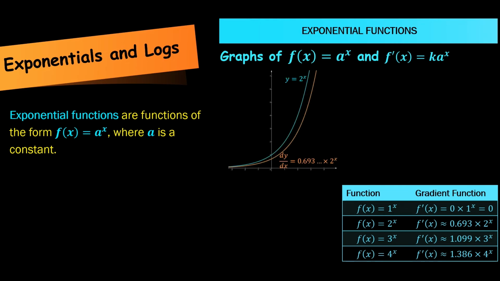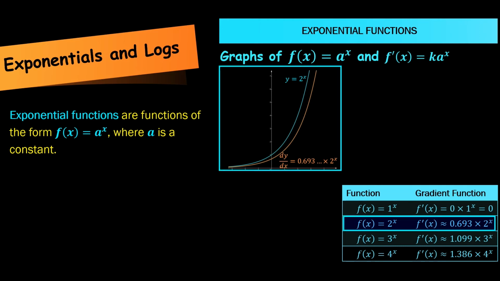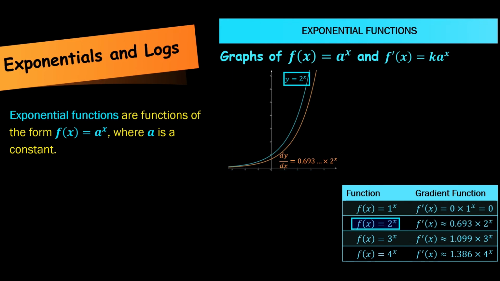So if we take a look at y equals 2 to the power x and its derivative here, notice that y equals 2 to the power x is above the line for dy/dx. Here's y equals 2 to the power x, and here's dy/dx, or f dashed of x.